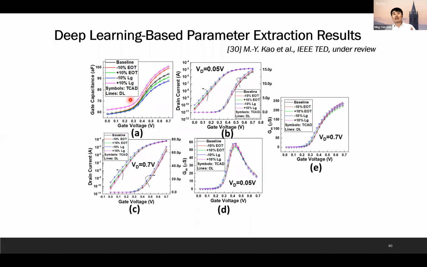If they line up pretty well, it means the parameter extraction results make sense. So we can see a very good match in the gate capacitance versus gate voltage and the drain current in log scale and linear scale under 2 different drain biases, and the derivatives also show very promising results.